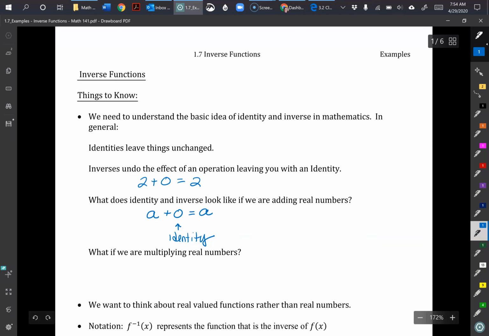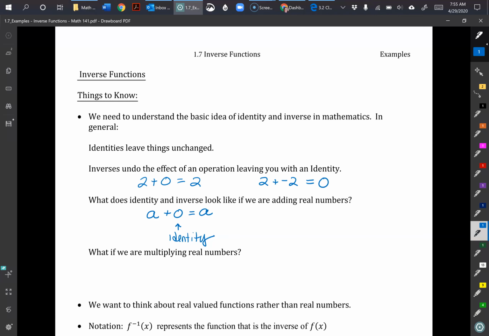Okay, if we are looking at an inverse, we are going to be looking at a situation where we get the identity. So back to our 2, if I added negative 2 or subtracted 2, which is the same as adding a negative, I would get 0, and I end up with the identity.